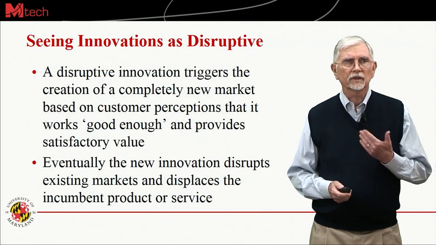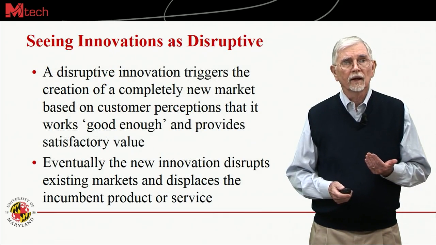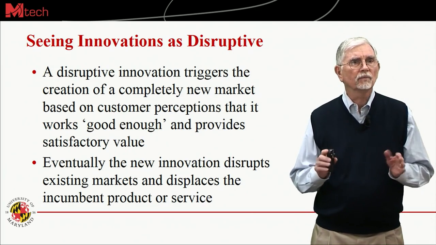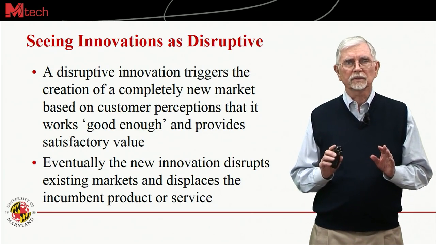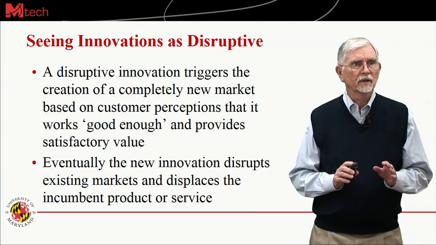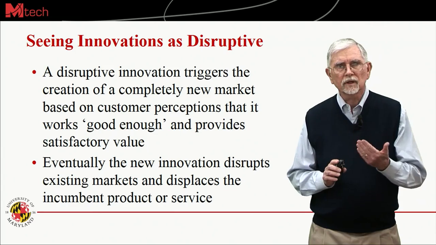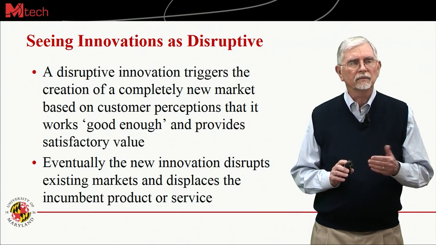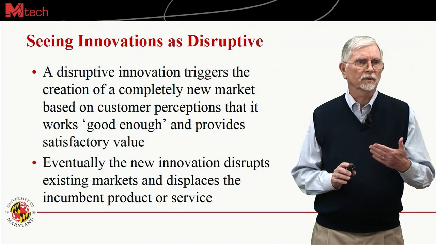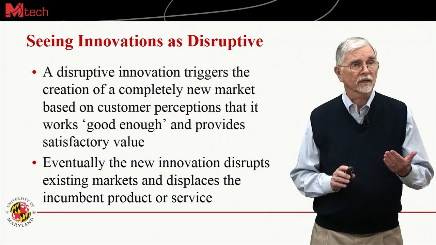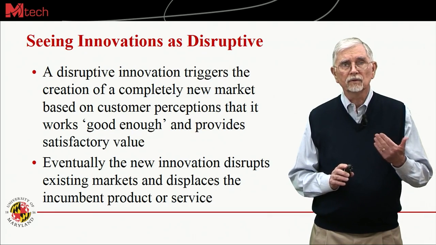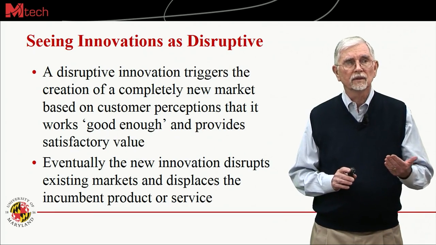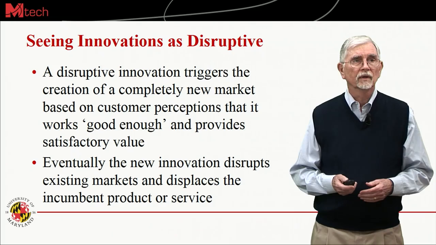When you see an innovation as disruptive, a disruptive innovation triggers the creation of a completely new market. That market is based on consumer perceptions that it works well enough and provides satisfactory value, and it means that what is available in the marketplace is not good enough anymore. Eventually, the new innovation disrupts existing markets and displaces the incumbent product or service.